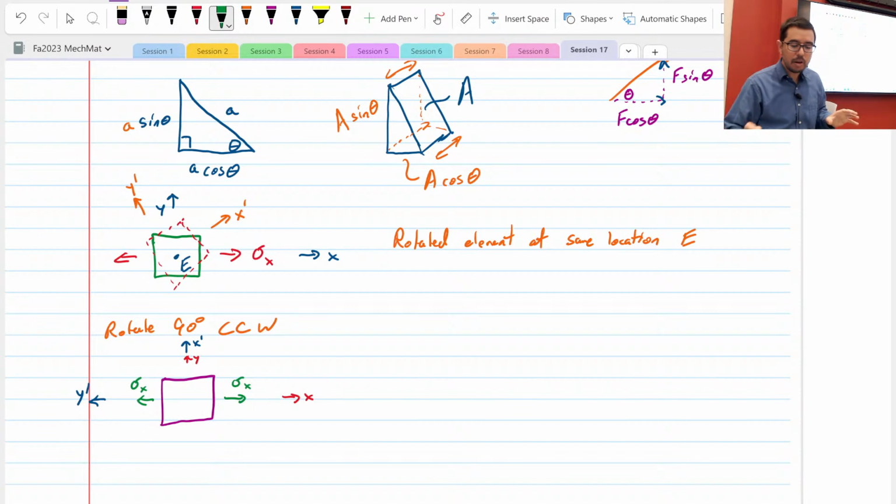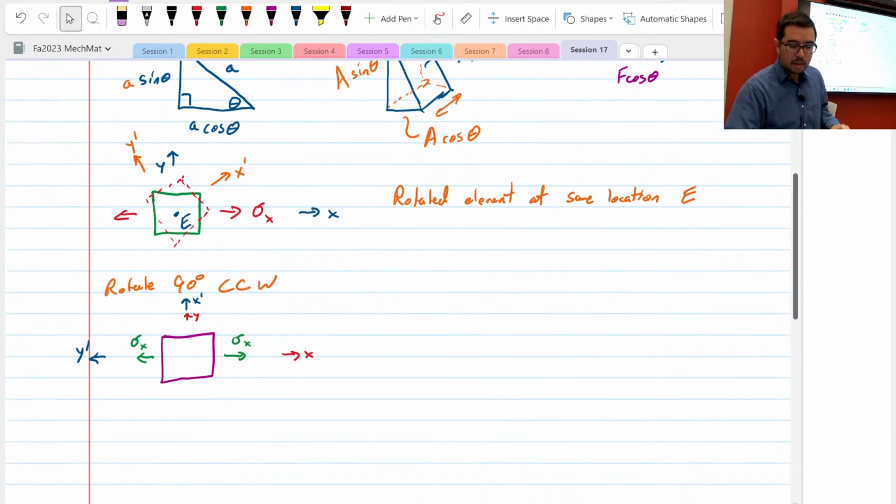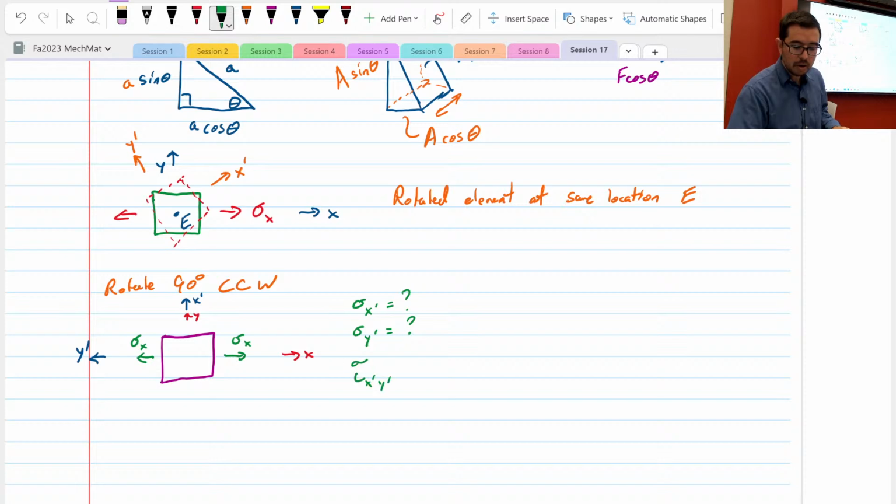But now, if I want to write it in terms of the new rotated frame, what I'm going to be looking at is, what is my sigma x prime? What is my sigma y prime? And what is my tau x prime y prime?